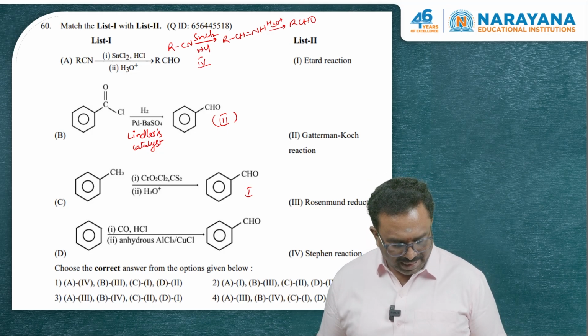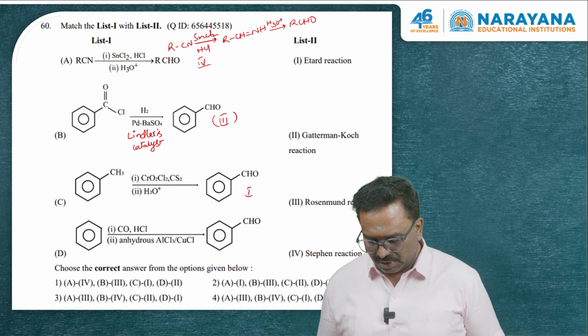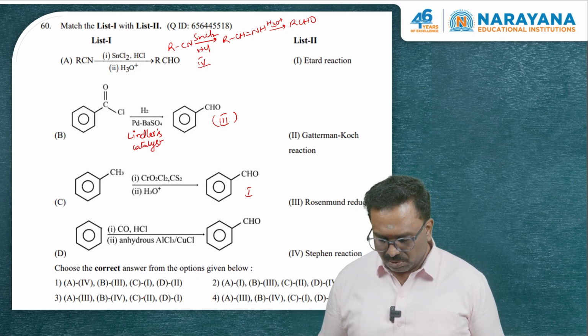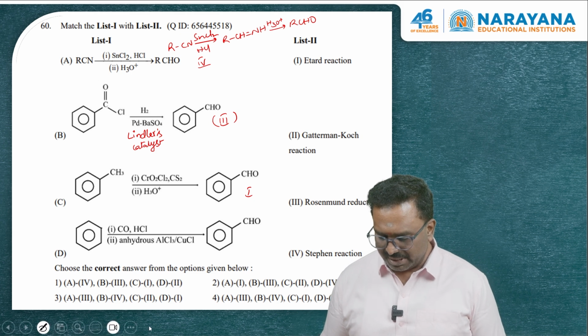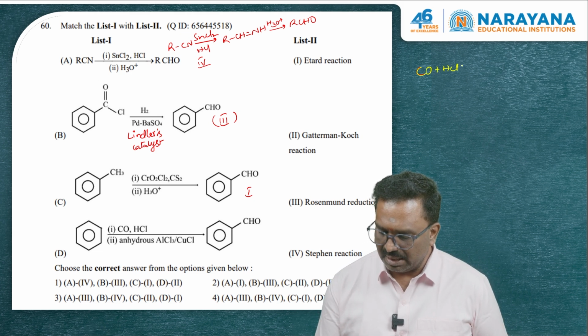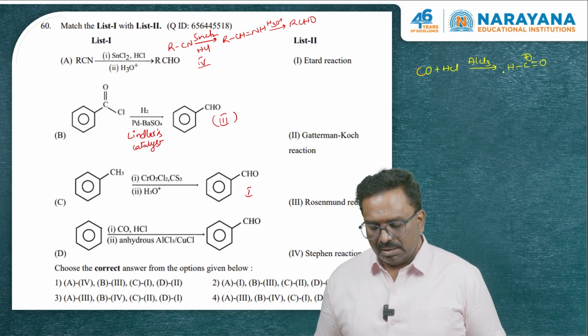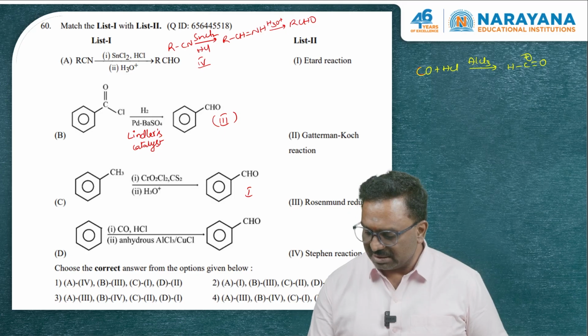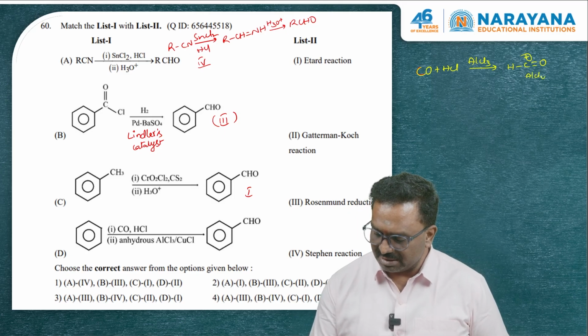Next, benzene ring by the reaction with CO and HCl. This reaction is actually over the aromatic ring introducing an aldehyde group. CO, HCl in presence of AlCl3. Here we have the electrophile, with its electrophilic property because of AlCl4 minus.